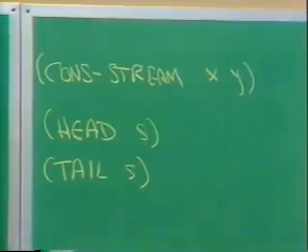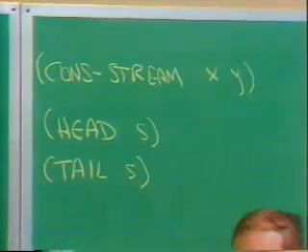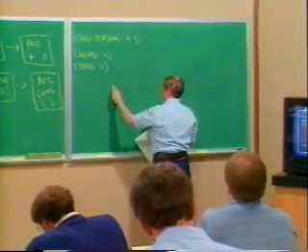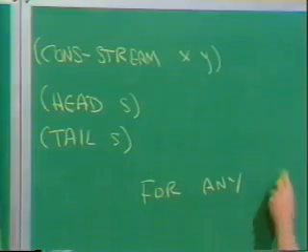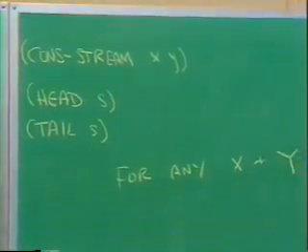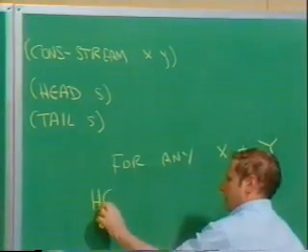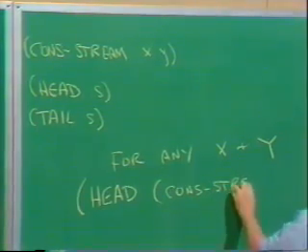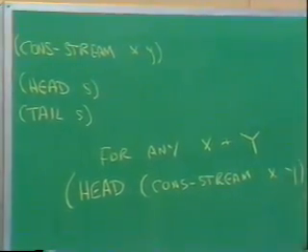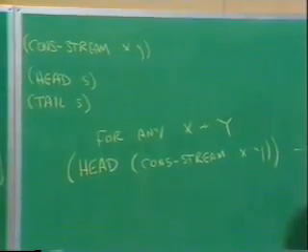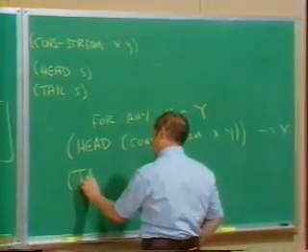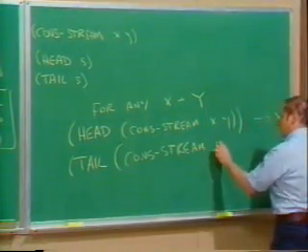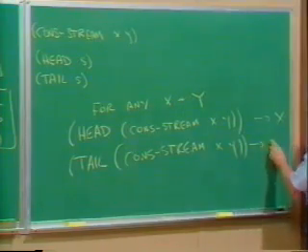And remember, I have to tell you the contract here. Tell you what the axioms are that relate these. And it's going to be, for any x and y, if I form the constStream and take the head of constStream of x and y, it is going to be x, and the tail of constStream of x and y is going to be y.